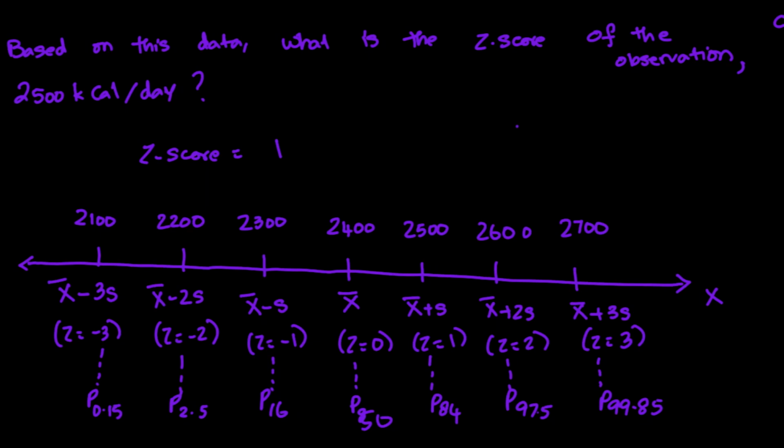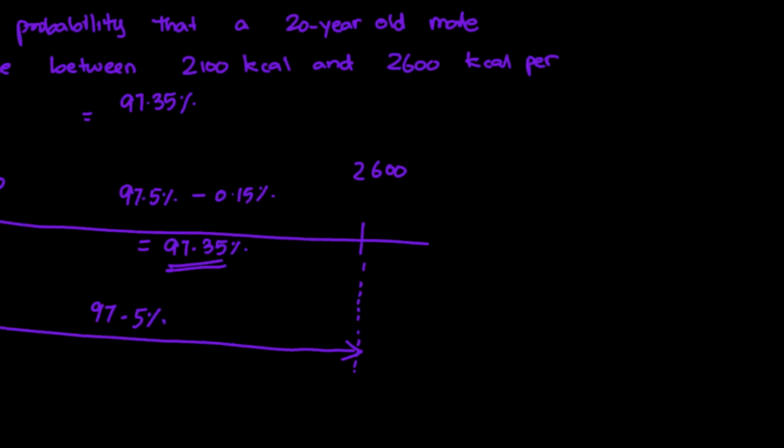So in a similar way, if someone asks you what is the probability that a 20-year-old male would consume at most 2,450 calories, let's just make an example out of this before we conclude.